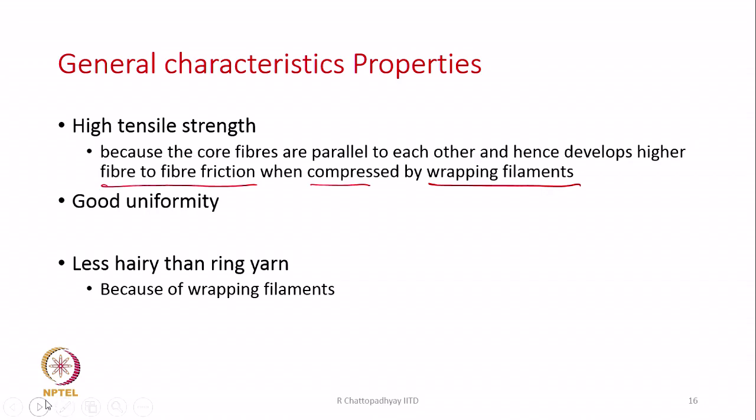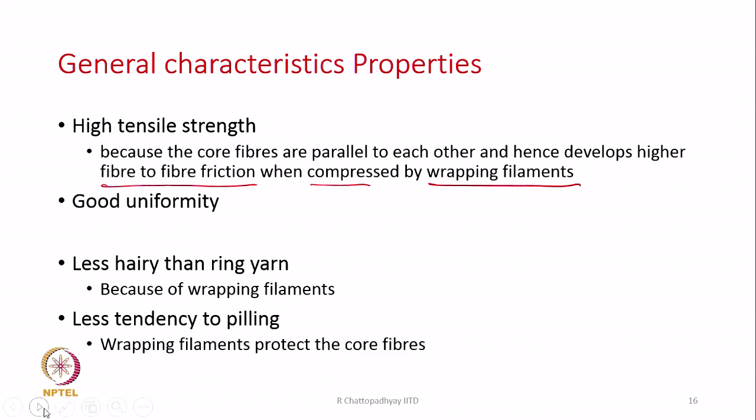Uniformity is good, it will be as good as ring spun yarns. Less hairy than ring yarn, because some of the hairs are getting suppressed by the wrapping filaments. Less tendency to peeling, for the same reason: wrapping filaments will protect the core fibers and not allow them to peel out easily.